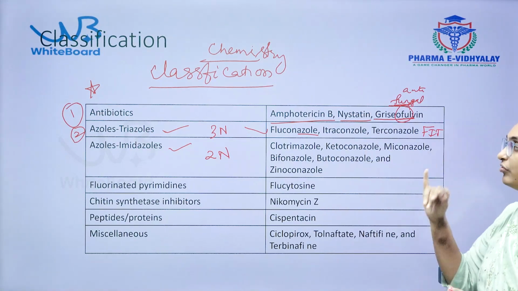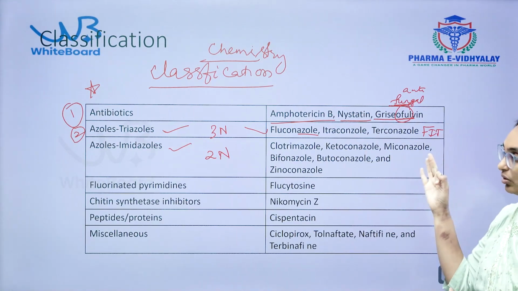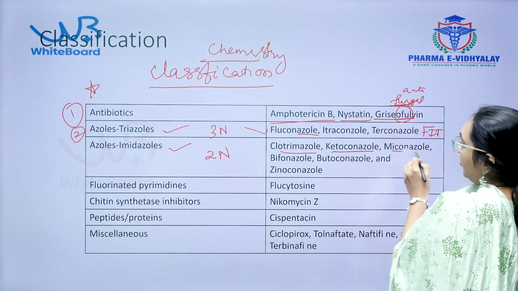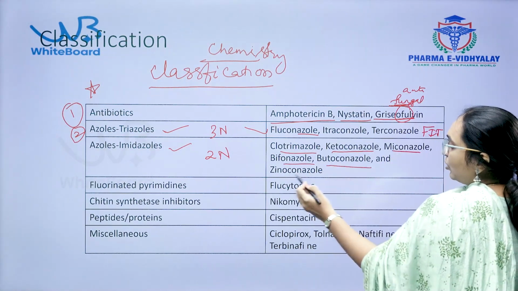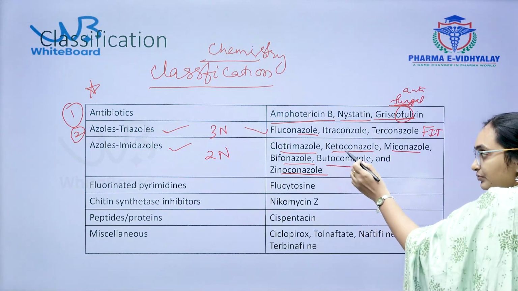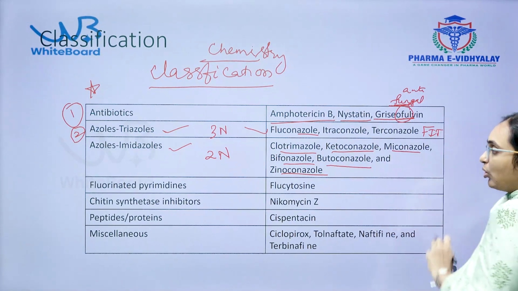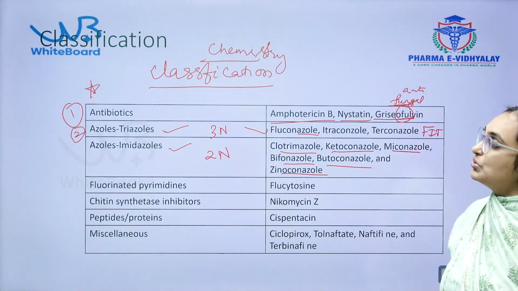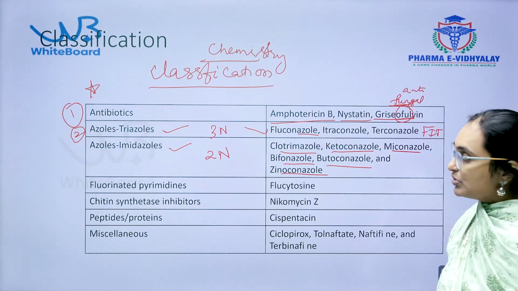Triazoles are three nitrogen containing, imidazoles are two nitrogen containing. Triazoles are fluconazole, itraconazole and terconazole. All azoles are antifungal azole-containing drugs. Imidazoles are clotrimazole, ketoconazole, miconazole, bifonazole, butoconazole and xenoconazole. These are the azole imidazole drugs.